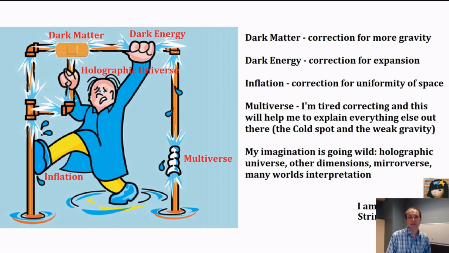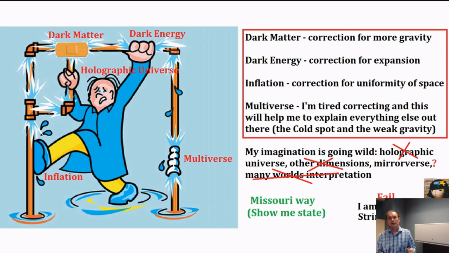Everything else is speculation. So let's look at all these things. What can be actually proven by experiment? Okay, can we test holographic universe? Not sure. Send me or comment on the video and send me ideas how we would test that, because I tried hard to find any ways to test it and I couldn't.